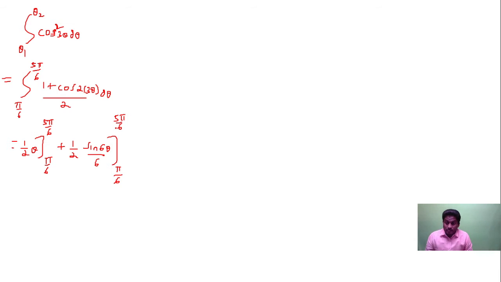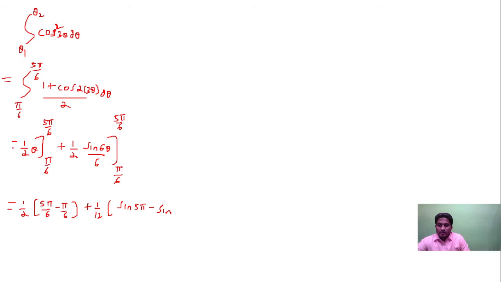Okay, now if I substitute, 1 upon 2, upper limit is 5 pi by 6, lower limit is pi by 6, plus 1 upon 12, upper limit will be sine 5 pi, minus sine pi.